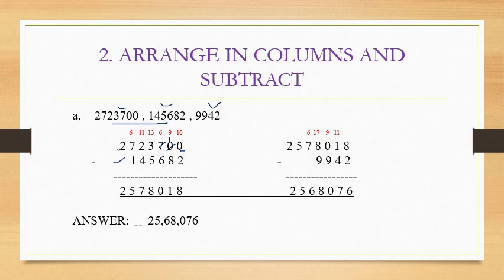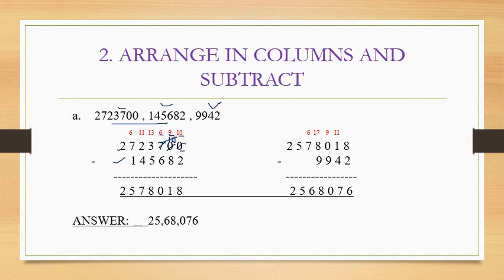So when 7 gives 1 to the tens place, 7 will become 6. And here it's 0; as you borrow 1, you will write 10 here. Now this 10 will give 1 to the next place, so it will become 9. And this 0 will become 10.